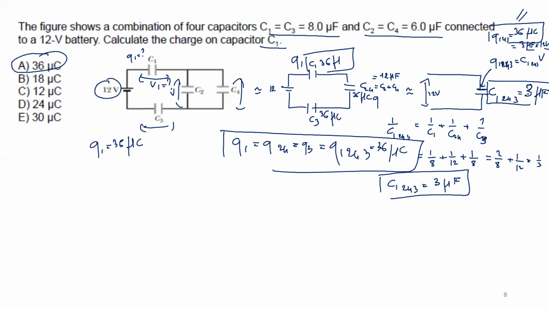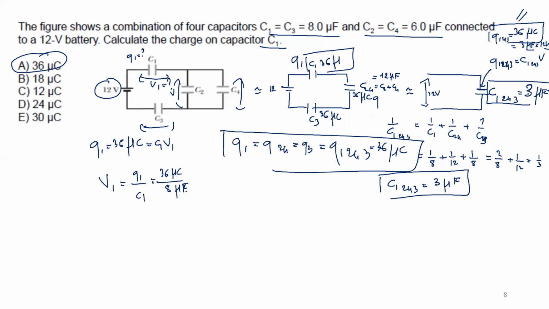Let's first look at V1. Knowing that Q1 is this, you know that it's C1 V1. That means V1 will be Q1 divided by C1. 36 microcoulomb divided by C1, which is 8 microfarad. Okay. And you calculate it.